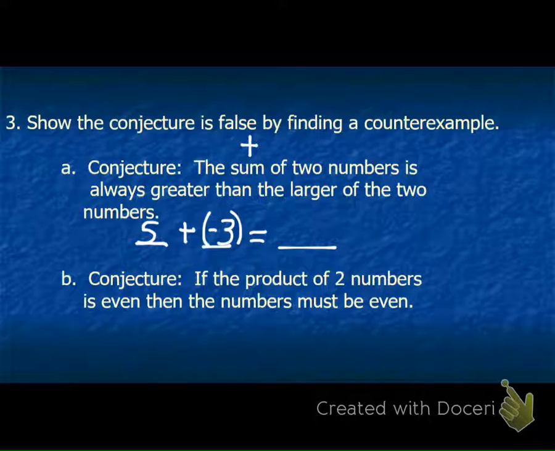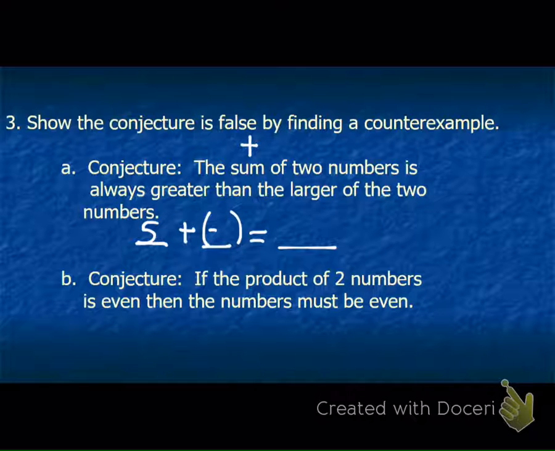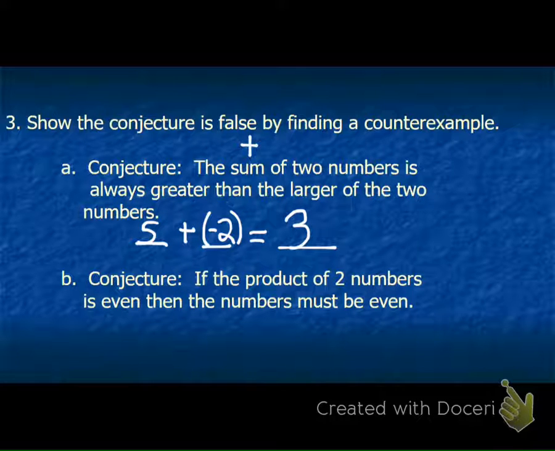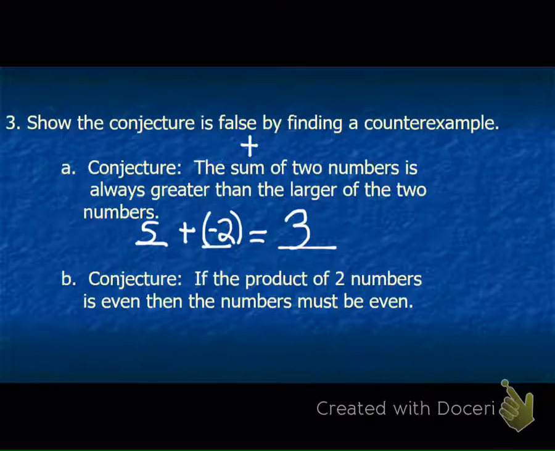Let's do negative 3. Oh, sorry, I'll do negative 2. What's my answer going to be? Positive 3. Yep. So the sum of two numbers is always greater than the larger of the two numbers. Okay, so the answer isn't greater than 5. So I just proved that statement wrong.